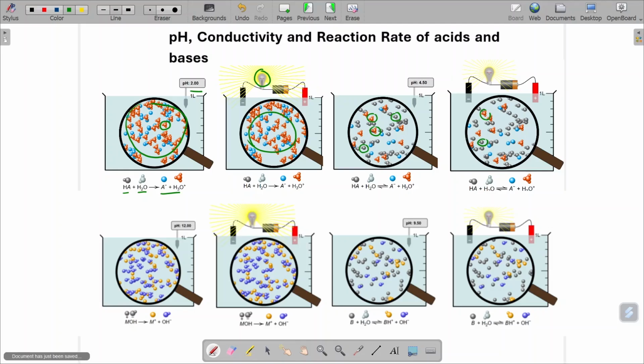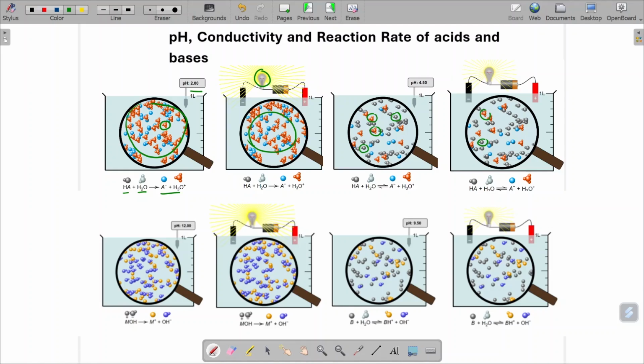Also, since there are fewer ions, the number of effective collisions will be less, and therefore the reaction rate of a weak acid with a metal hydroxide, metal carbonate, or a base will be less than the equivalent concentration of a strong acid. And the same sort of argument can be made for a base.